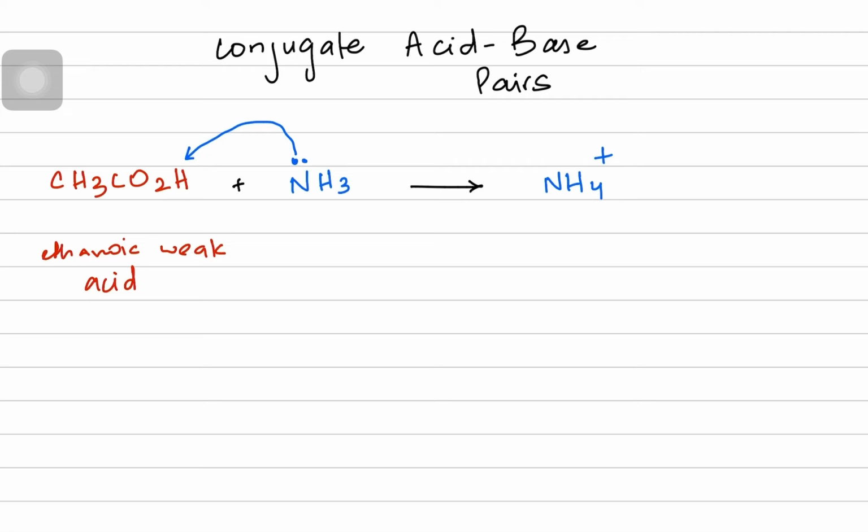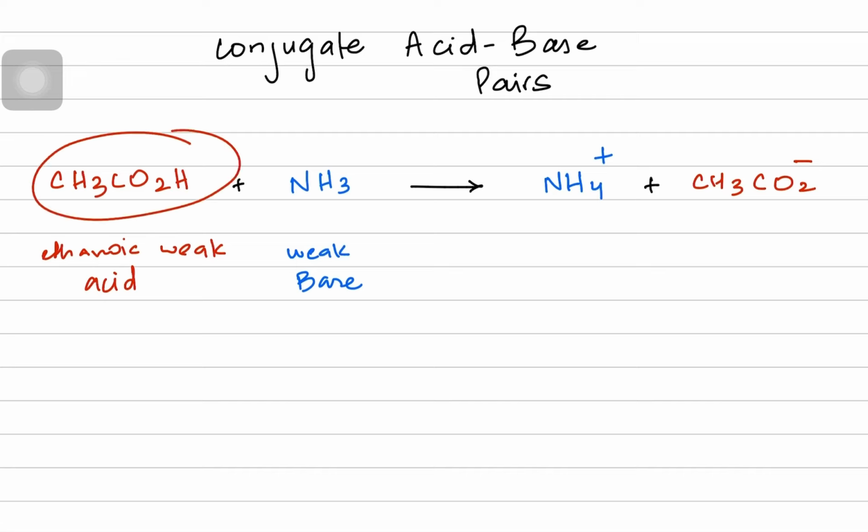The ammonium ion is your first product made by the ammonia, and the second product is the ethanoate ion, which is the ethanoic acid left after donating its proton.